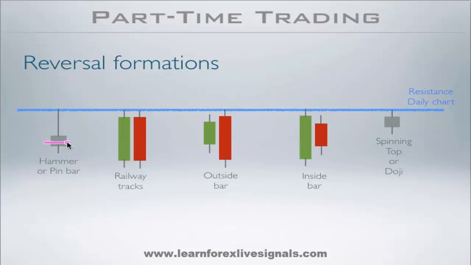You can even get a cross, all right? A cross where the body is totally non-existent. Basically, the open and the close are literally lining up at the same level.